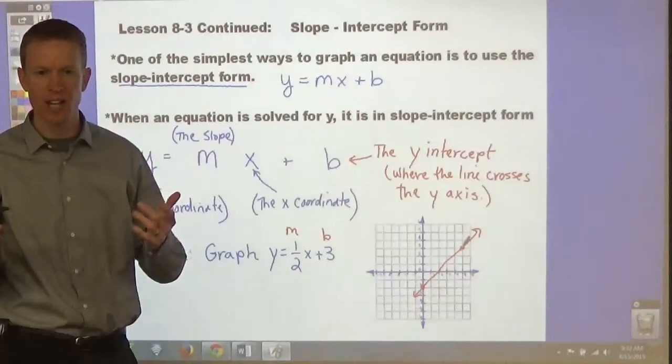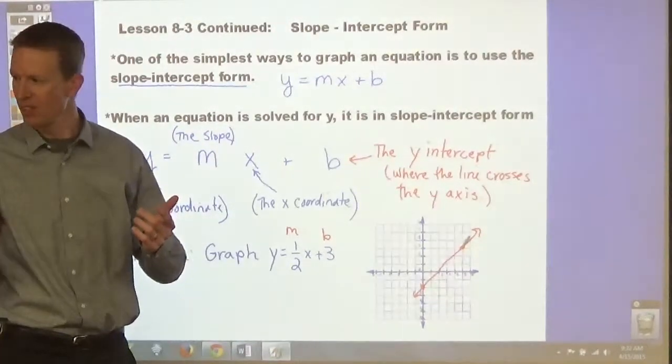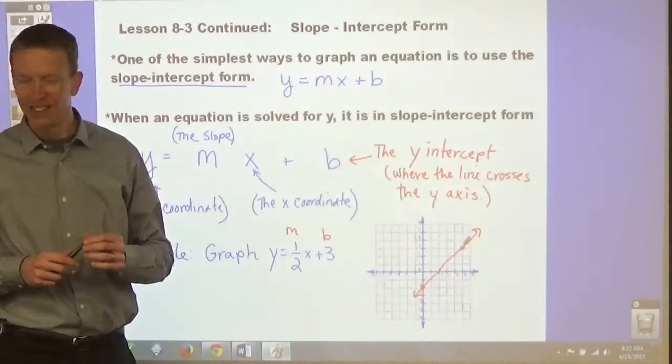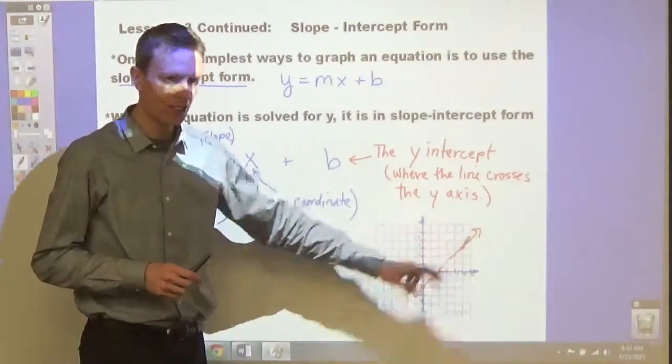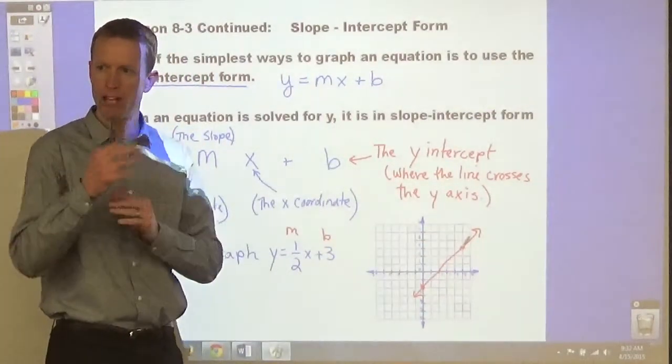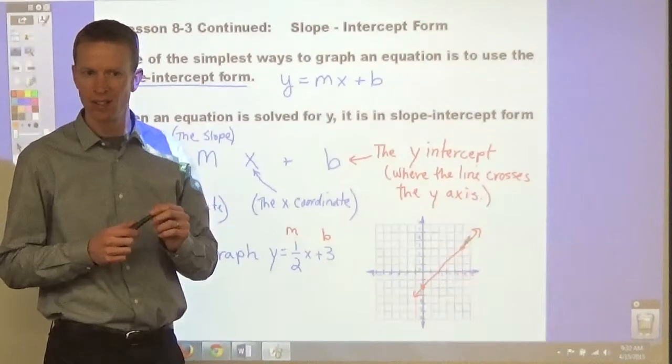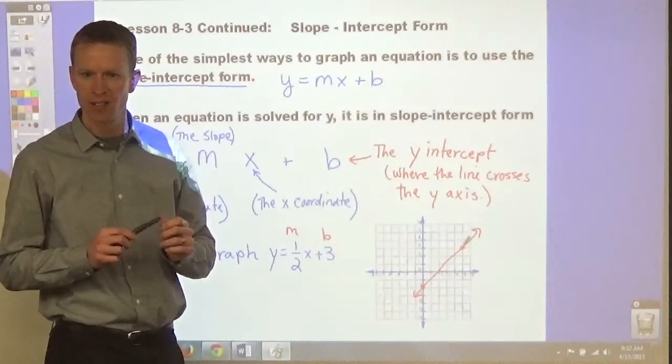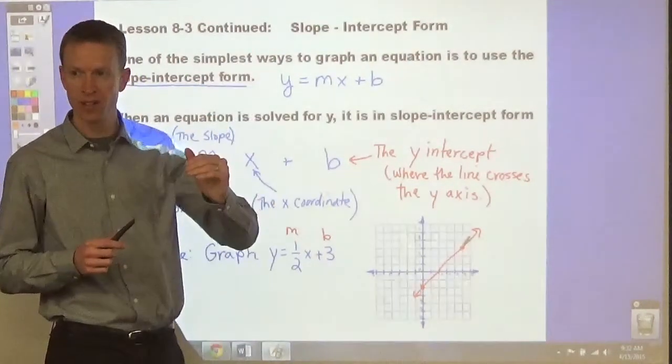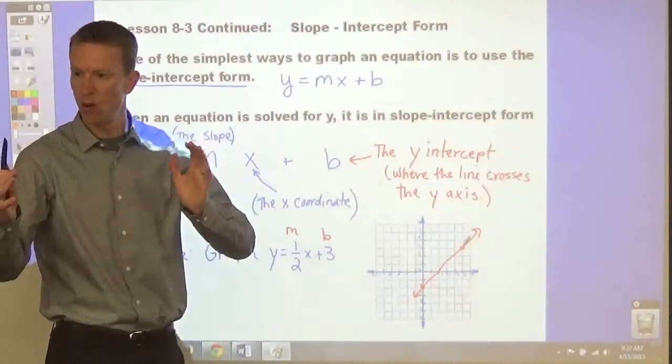What did we learn how to do last time? Correct. Count the spaces to the next point. Count the spaces from point to point. Okay? Count up or down, and then count over.